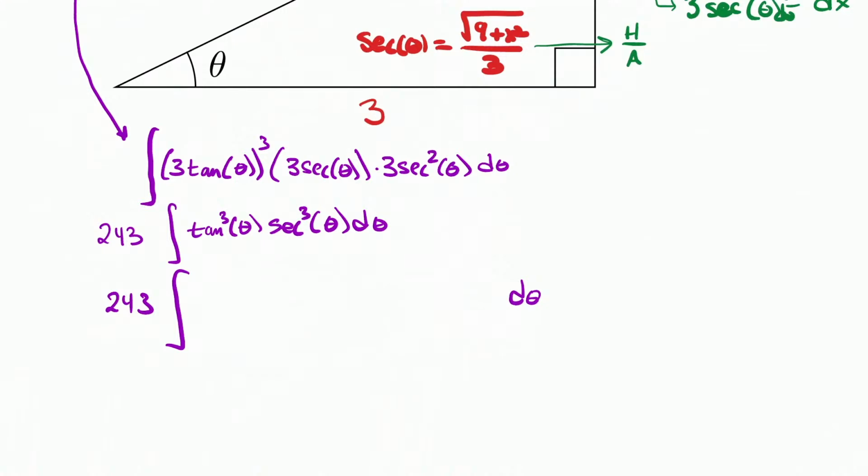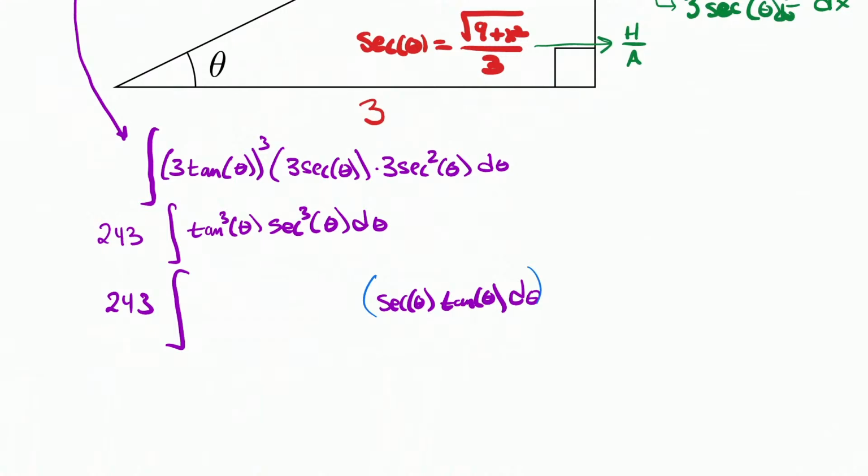Ah, very good. Secant, tangent, tangent, secant, however you want to do it. So let me write it down, and then I'll explain why we want to do it this way. Whenever you have secants and tangents, you're either going to group together secant tangent d theta like this, or you're going to put secant squared d theta.